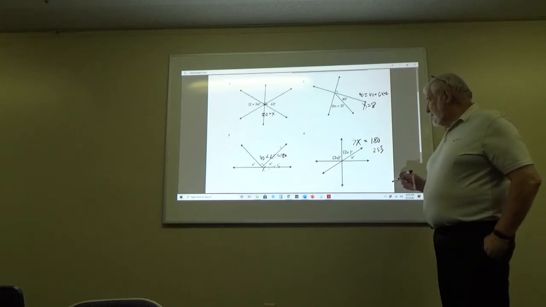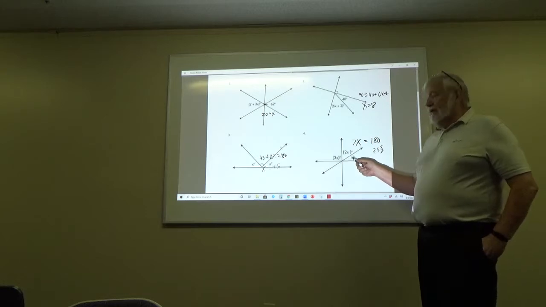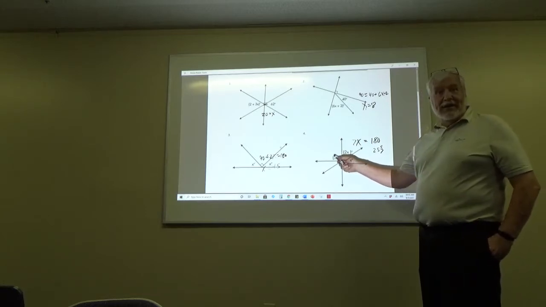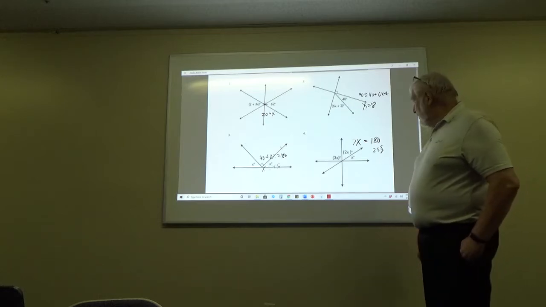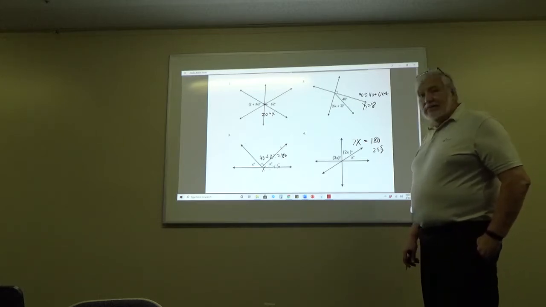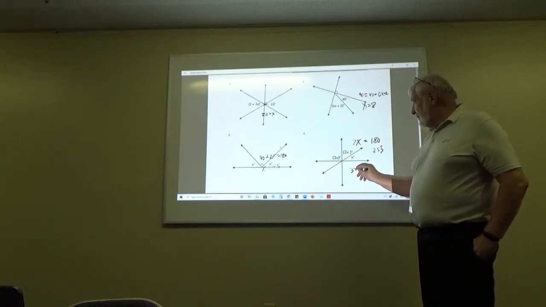Oh no, this is interesting. This is 3x, and this is 3x. That means these are 45-degree angles. So this is 3x equals 90.